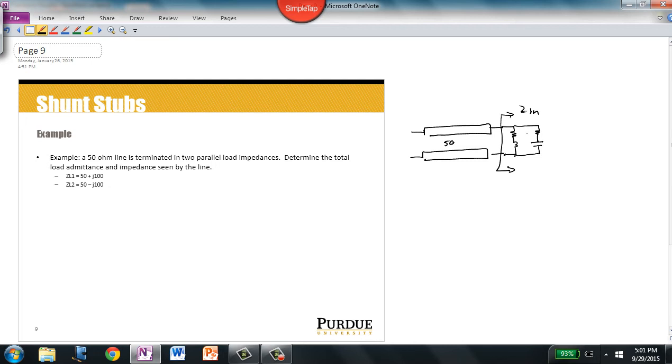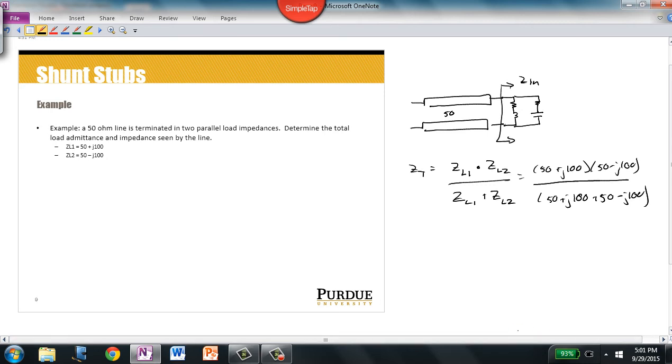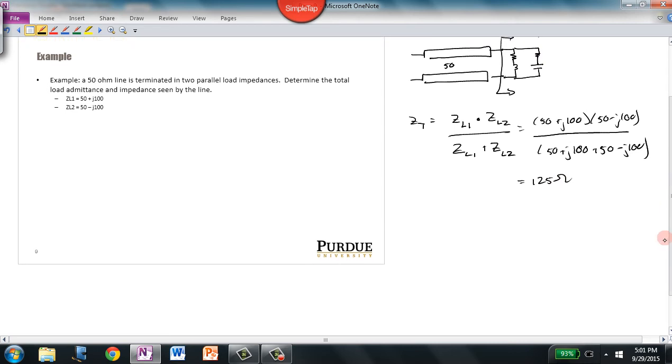Normally you would calculate Z total as Z load 1 times Z load 2 over Z load 1 plus Z load 2. That would be 50 plus j100 times 50 minus j100 divided by the sum. If you plug that into your calculator, you get that the equivalent load impedance is 125 ohms.